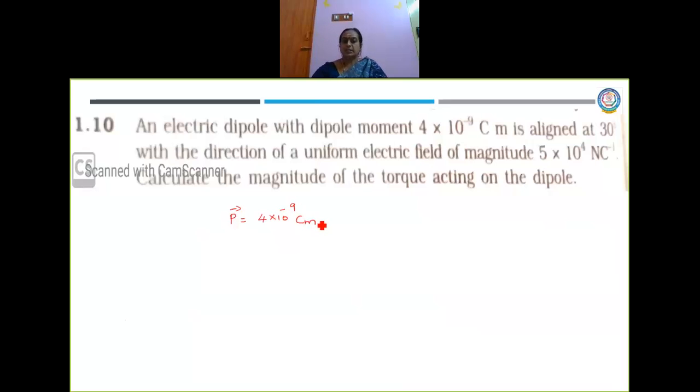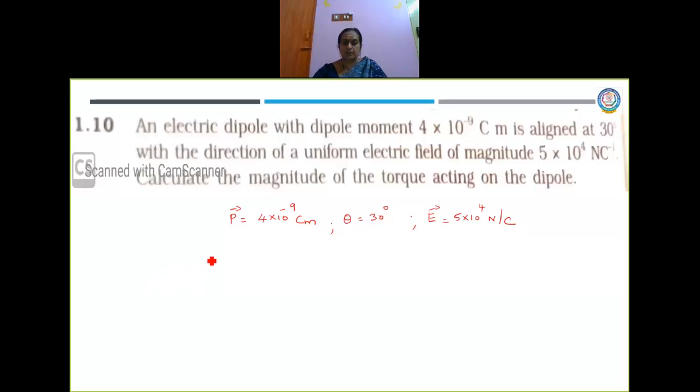Aligned at theta, which is 30 degree, in a direction of uniform electric field of magnitude. So the electric field magnitude is also given, which is 5 into 10 power 4 Newton per coulomb. Calculate the magnitude of the torque acting on the dipole.